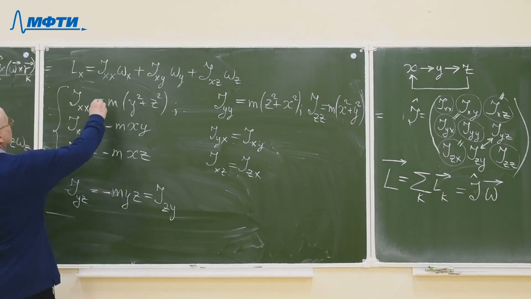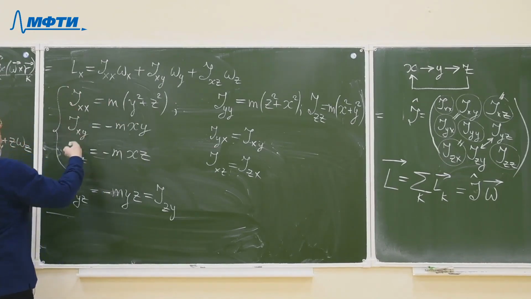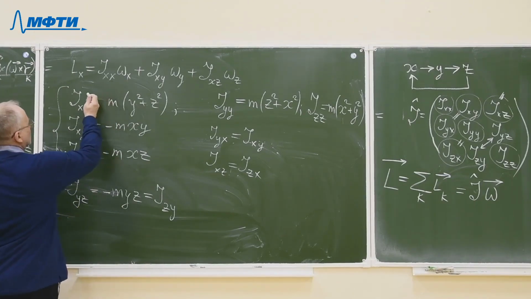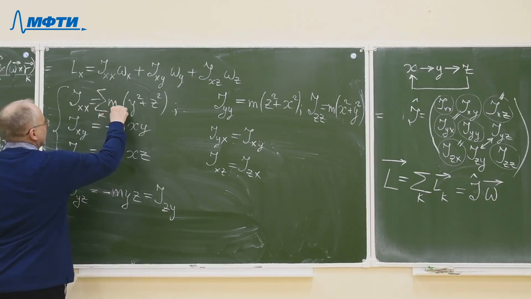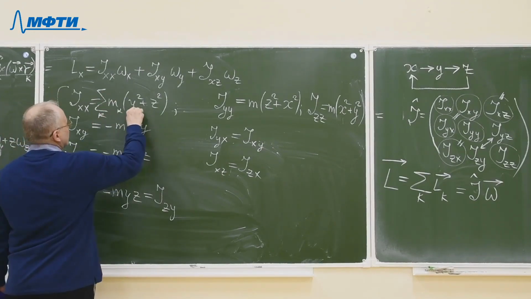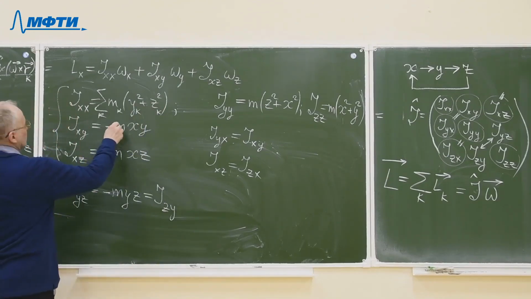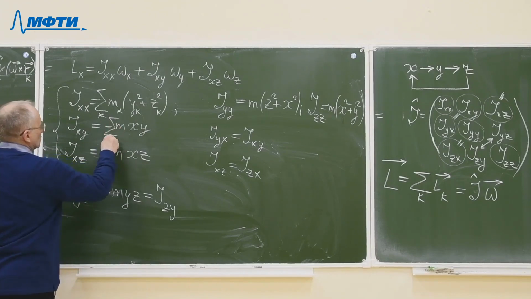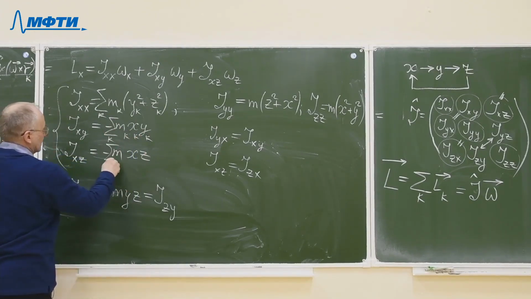So actually we have to write down, this is for a single point. If we need to find this component of the tensor of inertia for the whole solid body, we must use the sum over all the points, and we must consider the coordinates of every point. And also here we must use the sum over all the points, and here and everywhere.